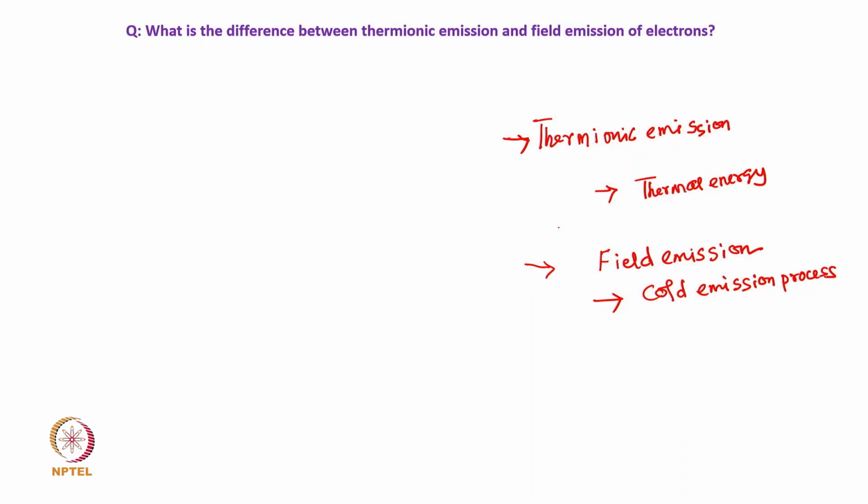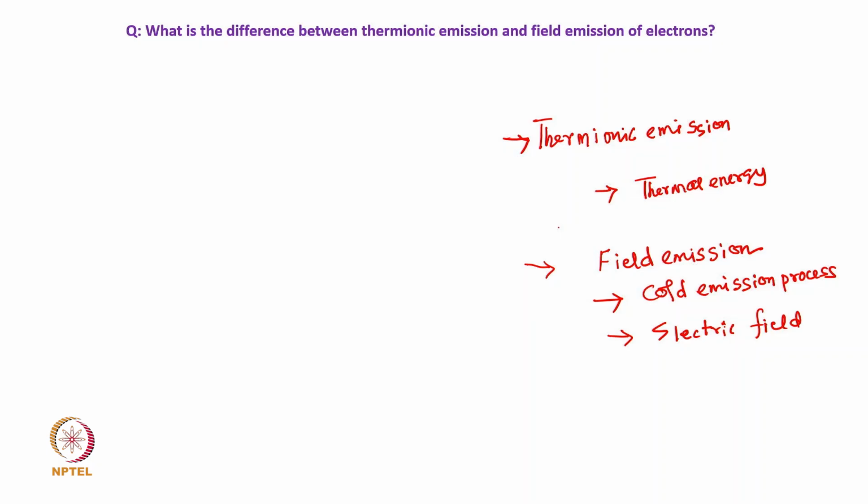A cold electron emission process means there is no heat applied, but what is applied is an electric field. So, we can say that it is a field induced process.